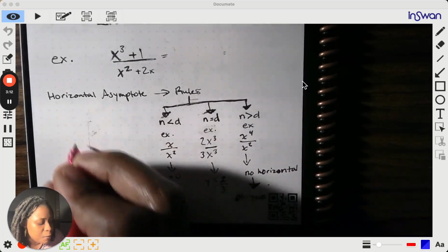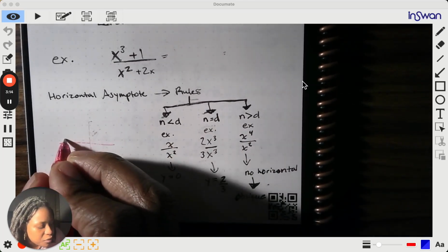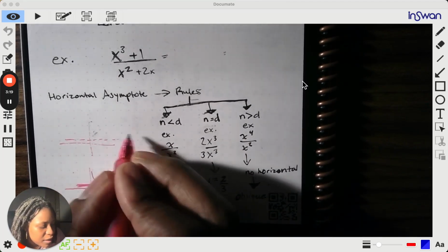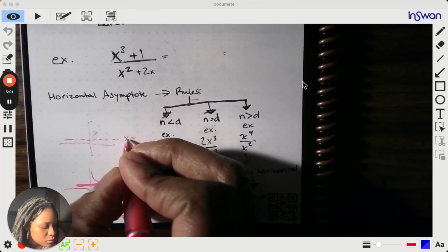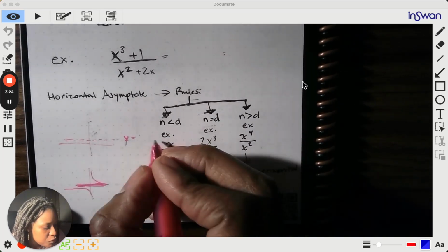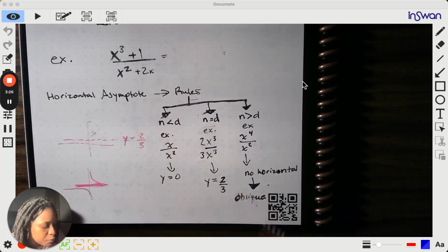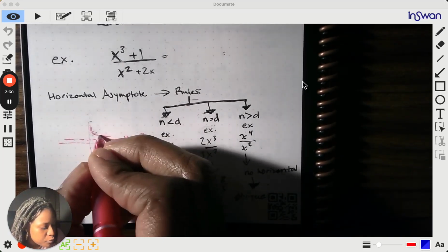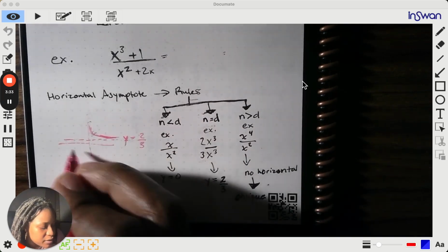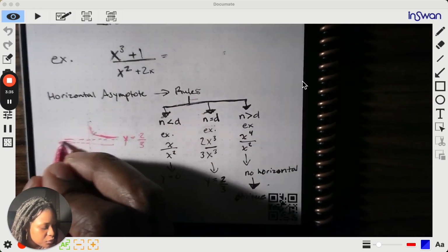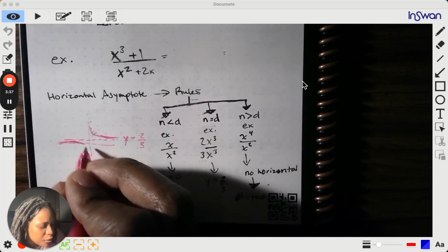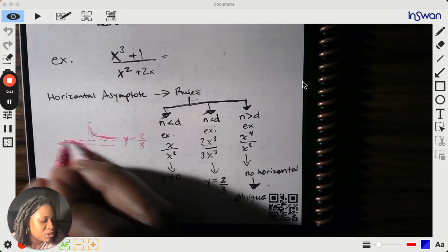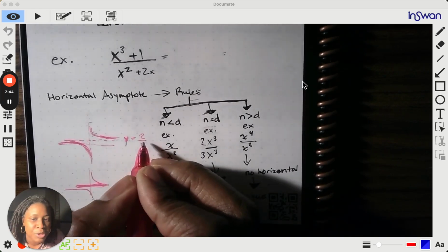If I drew that out and this is my 0, then I would have a horizontal asymptote, let's say it's right here, and that is y equals 2 over 3, 0.66. My graph will infinitely approach that 2/3, but it'll never actually get to y equals 2/3.